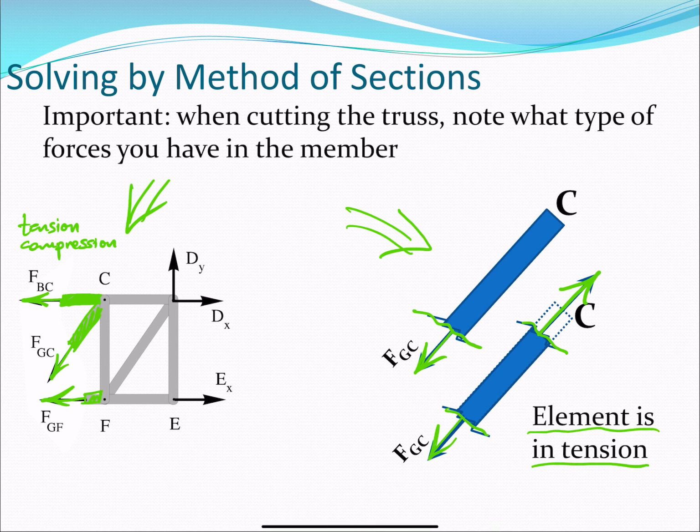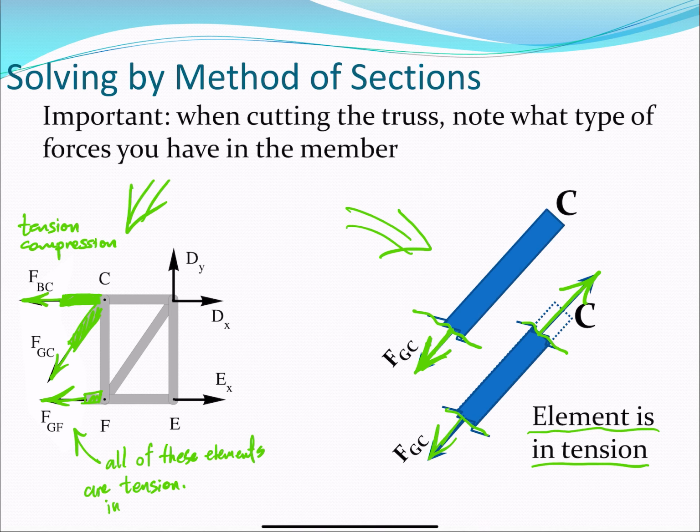So the way these arrows are drawn in this drawing, all of these elements are in tension, and we know that because the forces are right in the member.